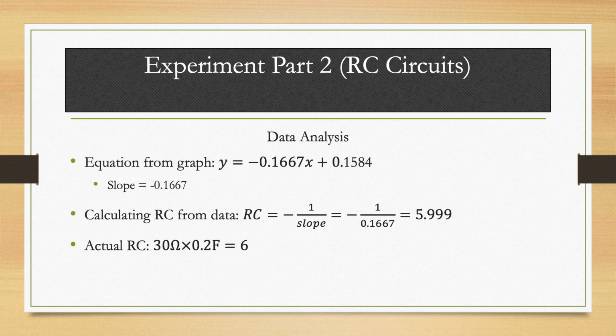To find the value of RC from our data, I did 1 divided by the negative of the slope, and this turned out to be 5.999, which is approximately equal to 6. The actual value of RC is found by multiplying 30 ohms times 0.2 farad, and that value turned out to be 6. The actual value of RC and the RC value from the data are fairly accurate with a low error.